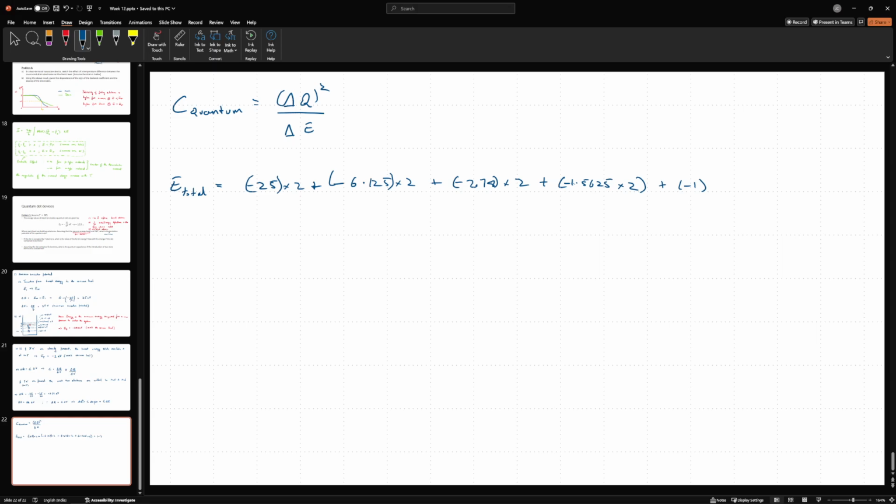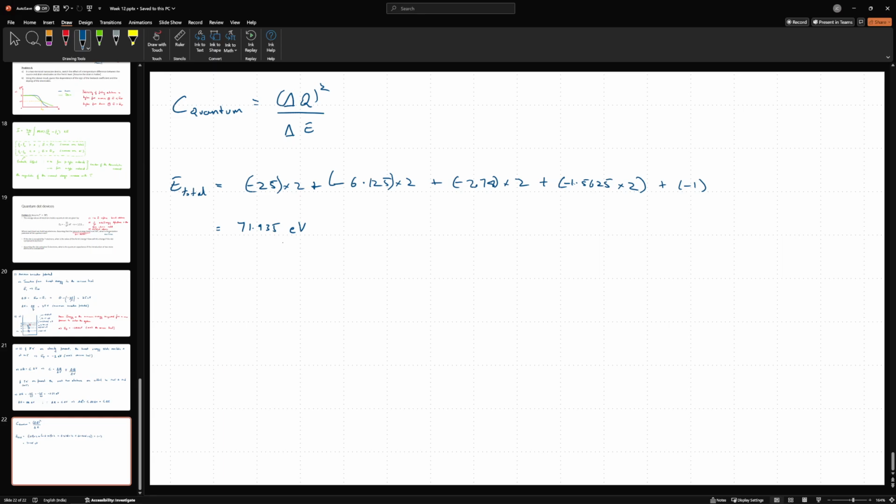So let me just quickly calculate this. This will come out to be minus 71.935 electron volts.